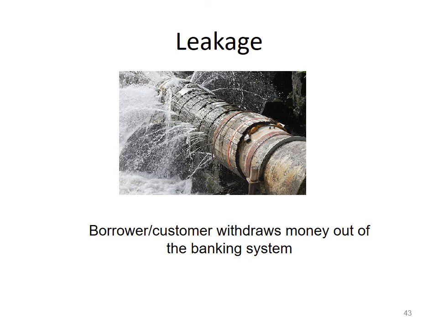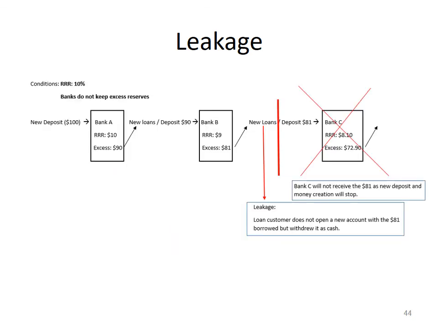Let's take a look at the process again. If the leakage occurs here, somebody borrowed this $81 from bank B. Instead of opening a new account with another bank or the same bank, this customer withdrew it as cash. They don't want to open a new account. If that's the case, the creation of money will stop here.